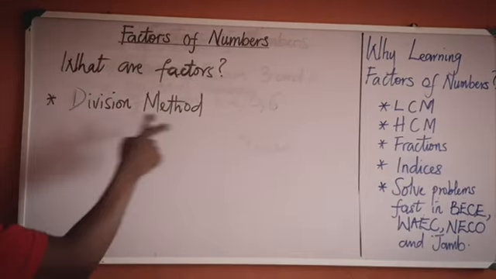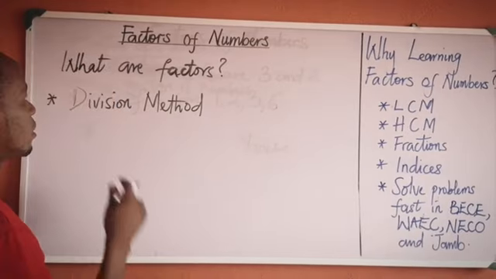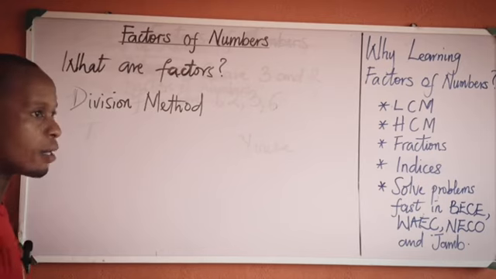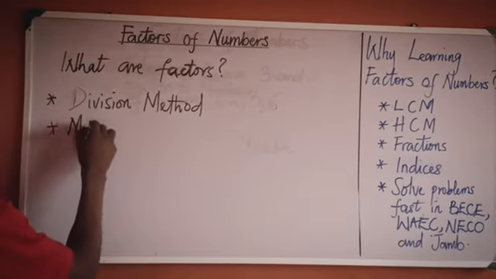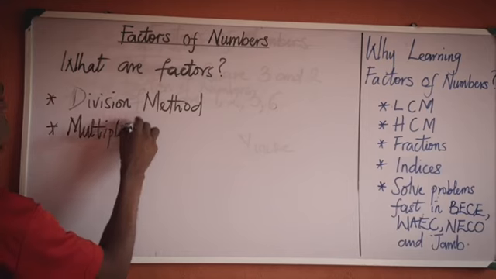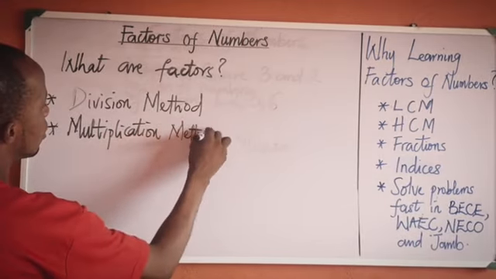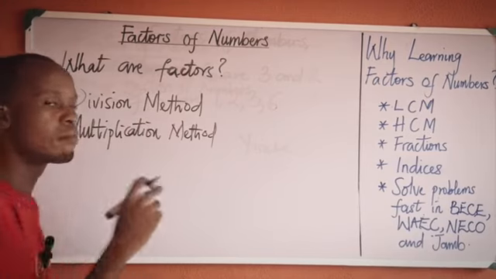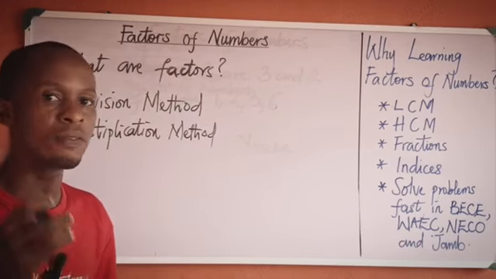That is the first method that we can use to find the factors of a given number. Another method is the multiplication method. Any of these methods can be used to find factors of a given number.